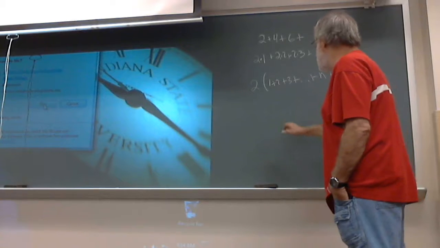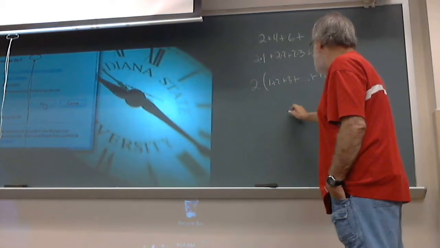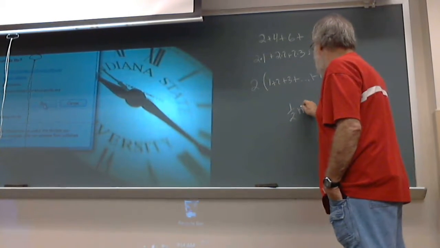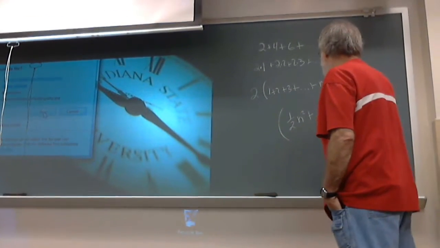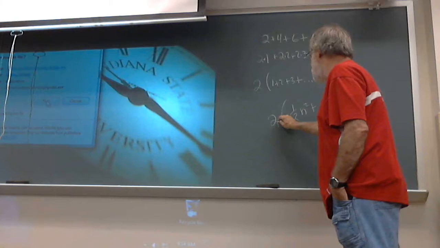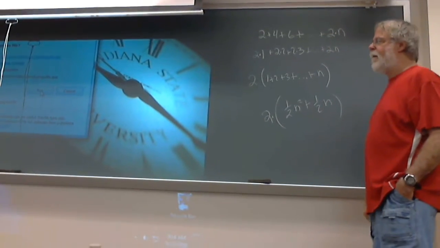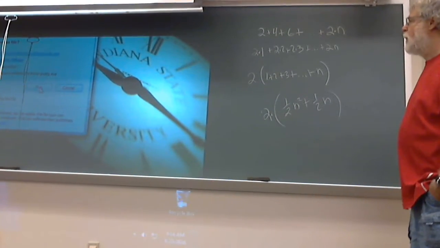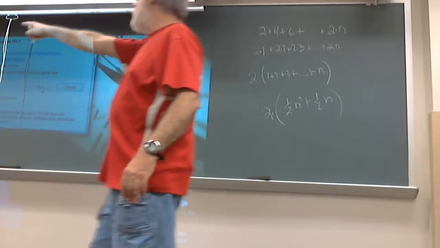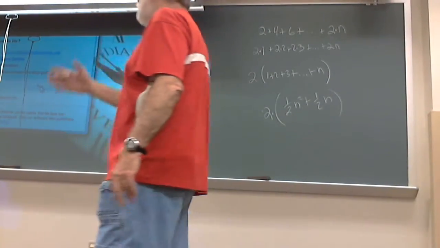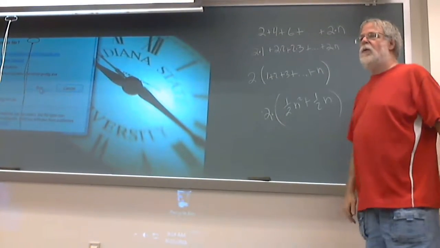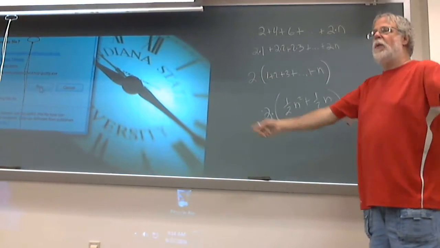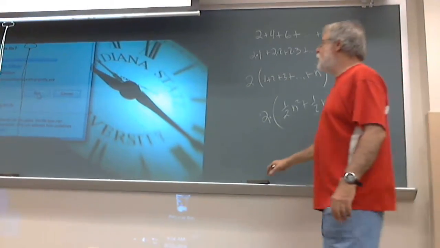So the formula is going to be whatever the formula for this is, which is 1/2 n squared plus 1/2 n, and we double that. We multiply by 2 on the outside. So leave a term off, leave off the first few terms, or leave off the last term, or this. I could multiply it by, and if it were to look like this.